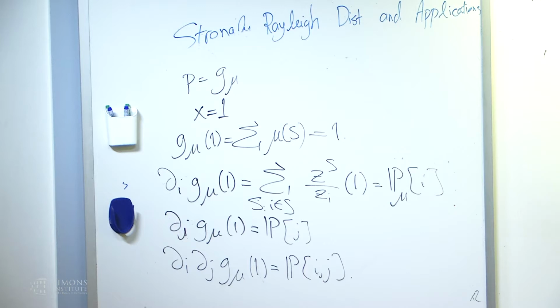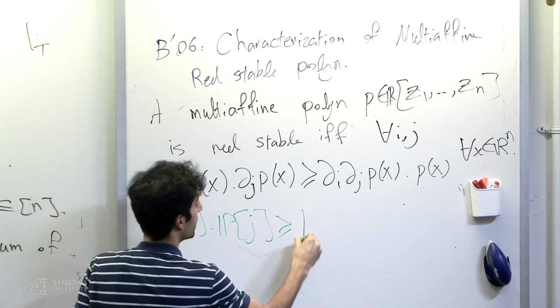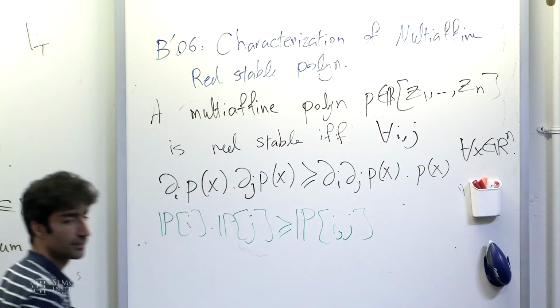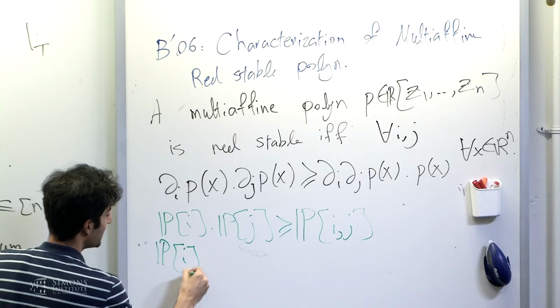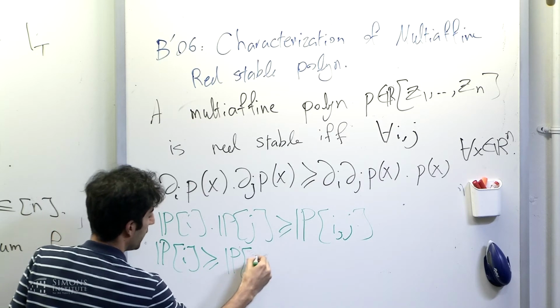So now plug this into that inequality. I get that the probability of i times the probability of j is bigger than or equal to the probability of i, j. Or to put it differently, the probability of i is bigger than or equal to the probability of i conditioned on j.